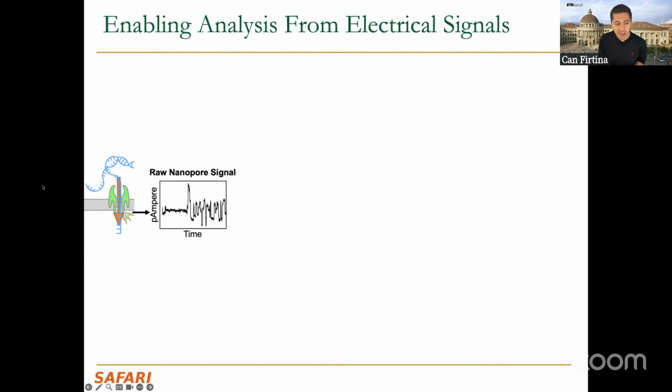And this is because we have this narrow region here, which is known as the sensing head. In this region, whatever base is closest to the sensing head is causing the most disruption. But still, whatever is surrounding this narrow region is also causing an ionic current disruption.